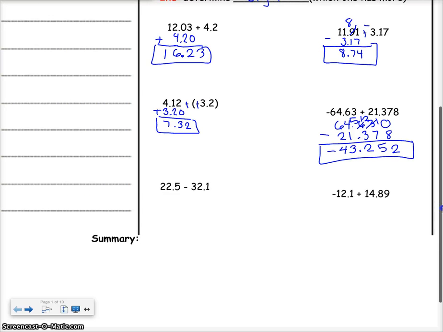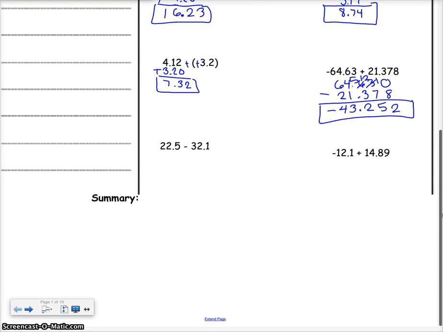Okay, almost done. 22.5 minus 32.1. Plus a negative. Again, same thing as subtracting, it's just the order gets different. So 22.5 plus a negative 32.1. They're different, so I'm going to subtract.